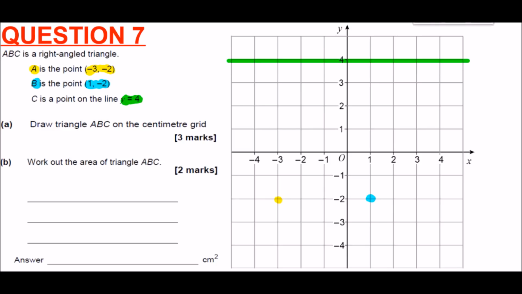And so what we may as well do is just mark these in with a cross. But we're told that C is a point on the line y equals 4. Now, we're not told exactly where C is. But what we have been told is that ABC is a right-angled triangle. And so that's going to help us because we know one of the angles must therefore be a right angle.